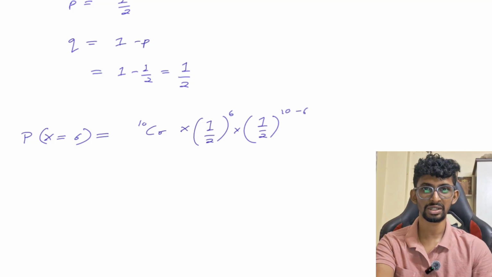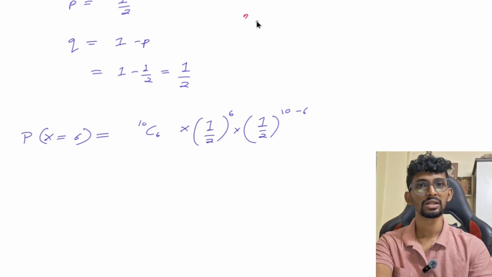Sorry, this will be 6, not r, because our formula is nCr p raised to the power r, q raised to the power n minus r.